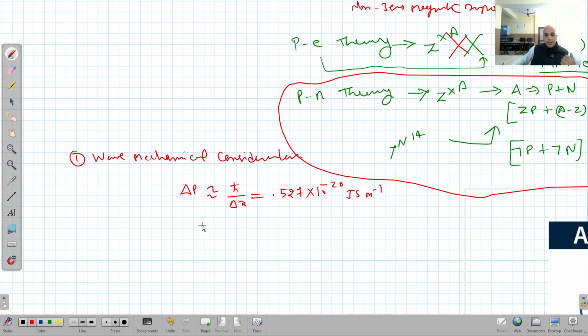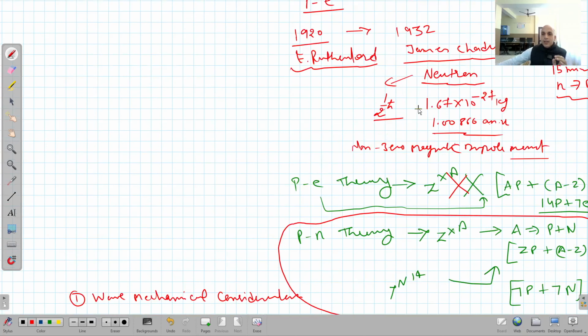Then we have calculated the energy, right? E is equal to square root of P square C square plus m naught square C power 4, right?